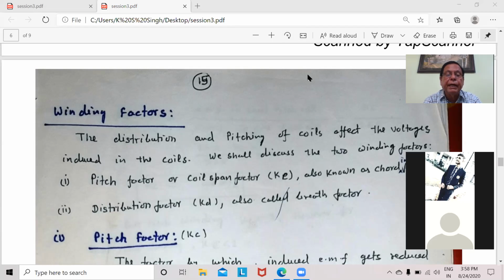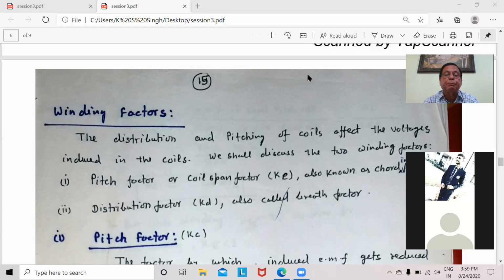So in this way, when you use a short pitch coil and distributed winding, if you calculate the induced voltage with this formula, you will get more voltage induced. For finding the actual voltage induced, we use these two factors.